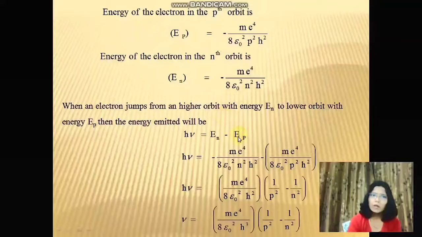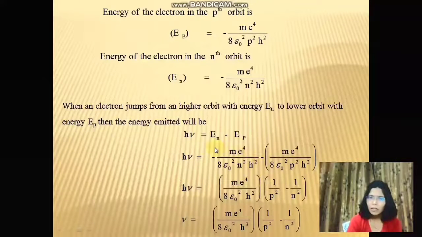Now when the electron jumps from the higher orbit energy level having energy En to the lower orbit energy level with the energy Ep, the energy emitted will be h nu and it is equal to En minus Ep. So after substituting the values of En and Ep, we'll get h nu is equal to minus me^4 upon 8 epsilon 0 square n square h square minus me^4 upon 8 epsilon 0 square p square h square.